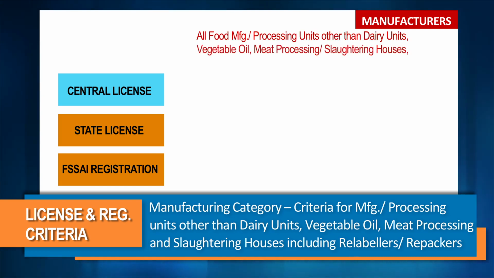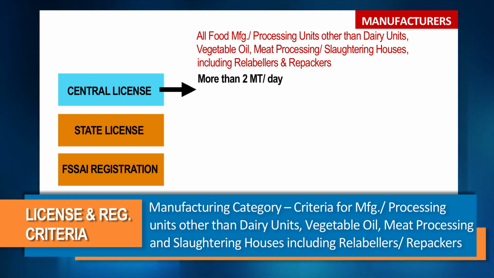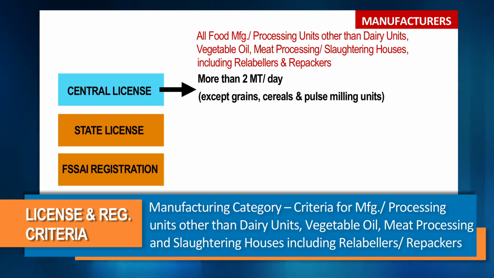All food manufacturing or processing units other than dairy units, vegetable oil, meat processing and slaughtering houses, including relabelers and repackers with production capacity of more than 2 metric ton per day, except grain cereals and pulse milling units, falls under central license category.